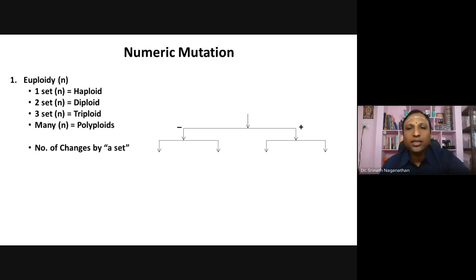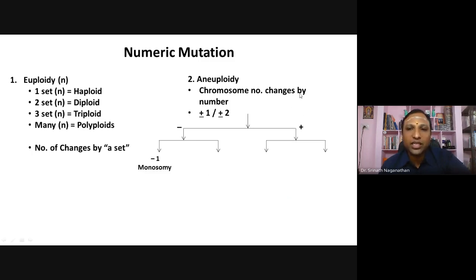Euploidy is a change in number by whole sets, that is N: one set is haploid, two sets diploid, three sets triploid, and many sets polyploid. In aneuploidy, the chromosome number changes by individual chromosomes, so it can be plus or minus 1 or plus or minus 2. We can divide this into two cases: one is deletion and the other is addition.